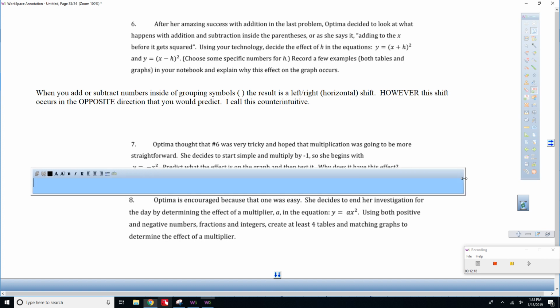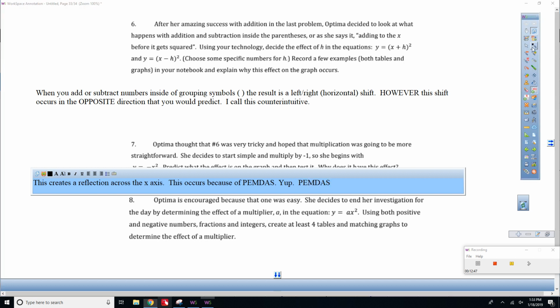So this creates a reflection across the x-axis. This occurs because of PEMDAS. What am I talking about?